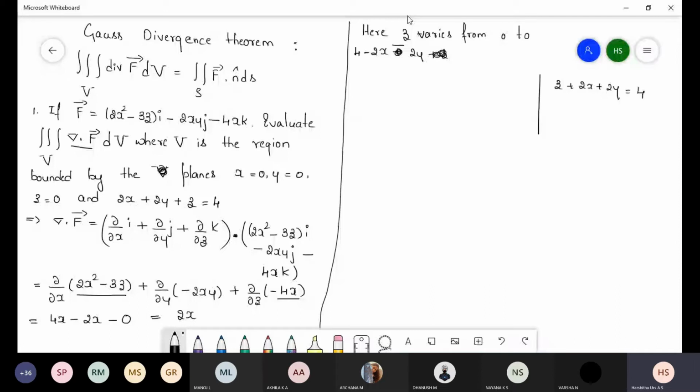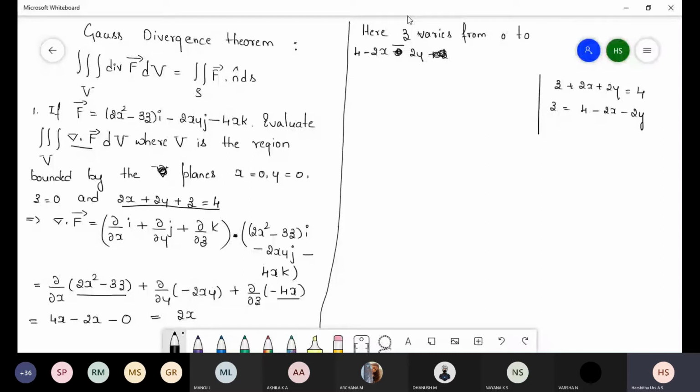So now write z varies from 0 to, the first term they have already given here, 0 to, shift these 2 terms to the right side, so we get 4 minus 2x minus 2y.